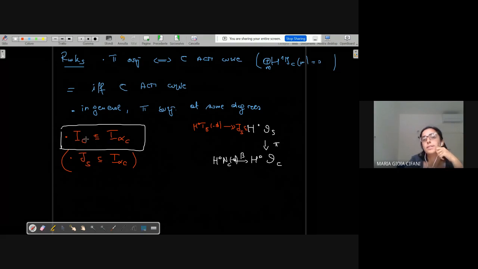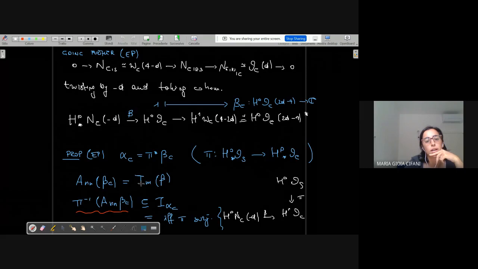It is the kernel, so there should be an equality here. So we're looking for conditions for equality. Always we fix an m. So we want that this is equal to this, and we have two steps to make it. The first step is that we want equality at this level, because pi minus 1 of 0 lies inside here.